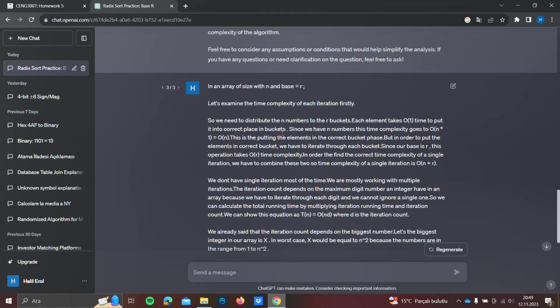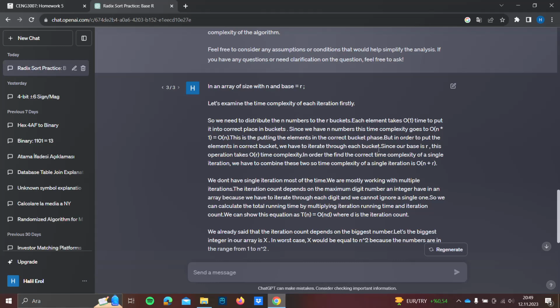Let's say our radix sort works on base r equals 10. We have 10 buckets, and we are iterating through the buckets from 0 to 9. We have to check every bucket until we get to 9, and then we put it into place. Since we are checking each bucket, this operation takes O(r) time complexity.